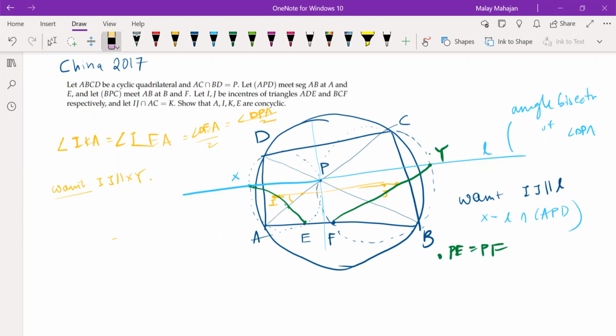Angles between IJ and XY don't look that computable. So what else can we think about? Lengths, but there's no other nice point for the lengths. Yeah, think about lengths, distances.